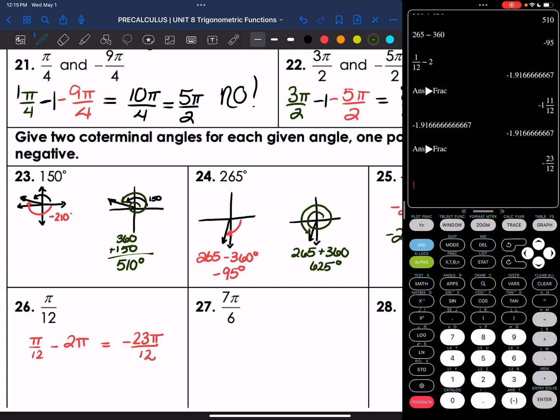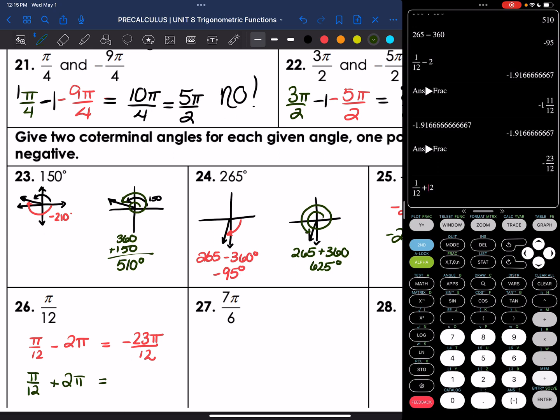Or conversely, if we take pi over 12 and add a full rotation to that, grab your calculator, take the same approach. If I have 1/12, but then instead of subtracting the 2 pi, I'm not putting pi in, but just the number values.